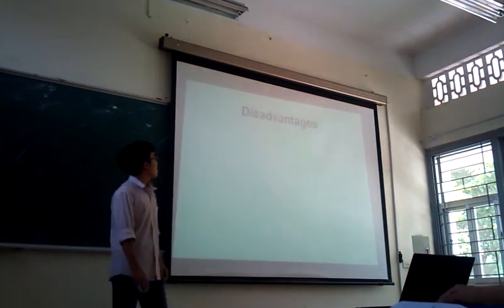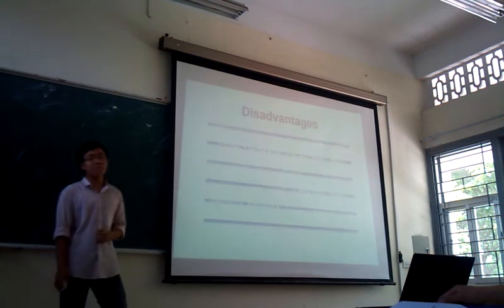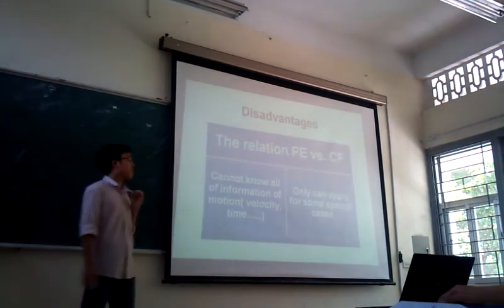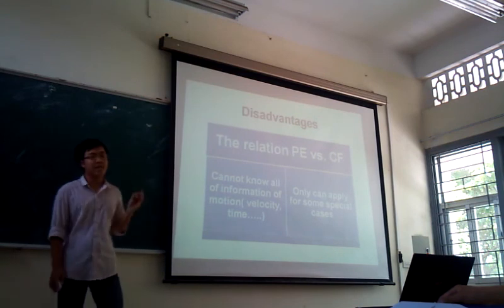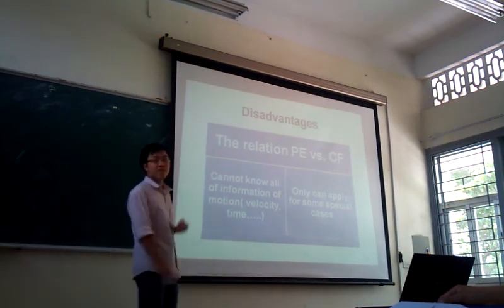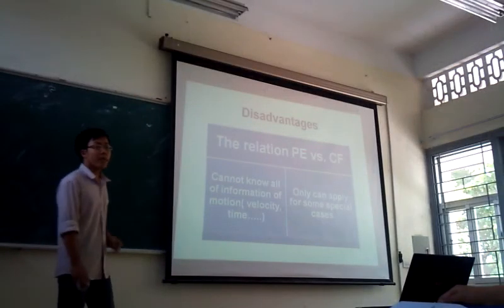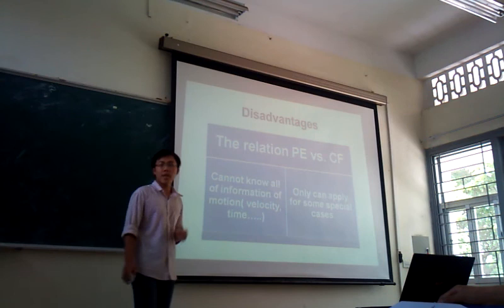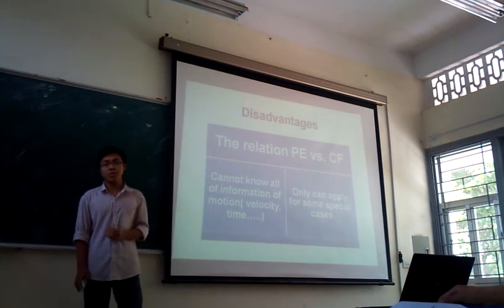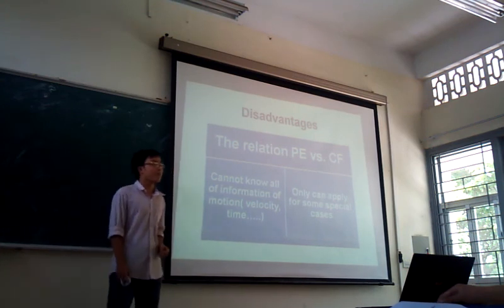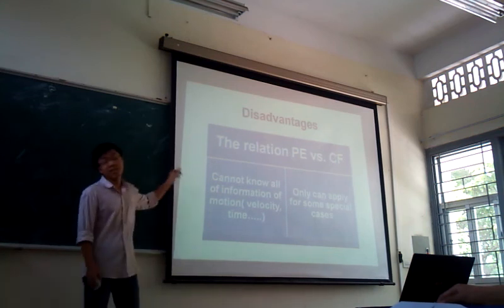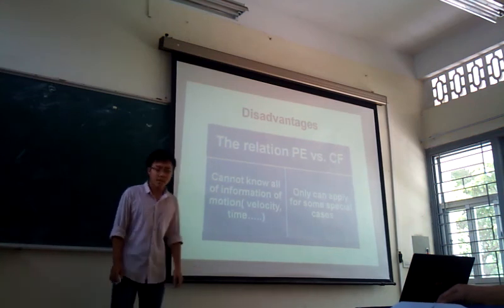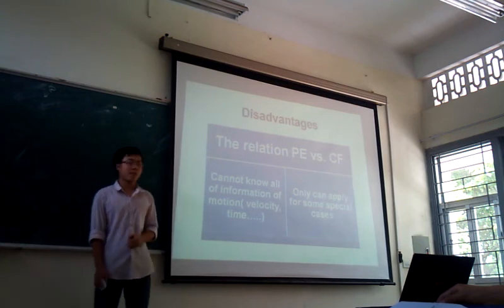So the disadvantages of this method are that we cannot know all the information of the motion, such as velocity, direction, magnitude, and time. And second, we can apply this only for some special cases. It's not general like Newton's second law or the law of conservation of momentum. There are advantages and disadvantages. This is the end of my part.